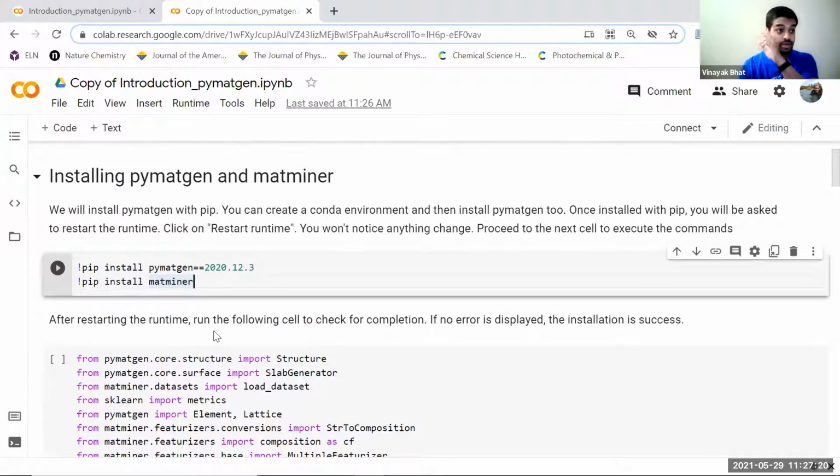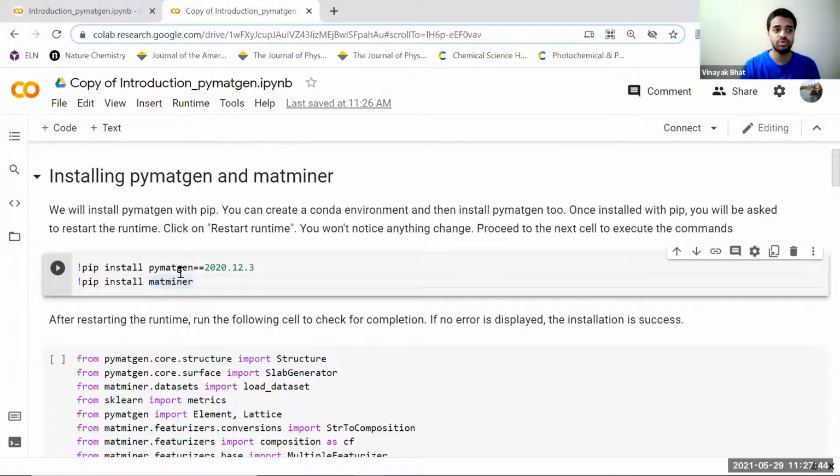So make sure you have a copy of it. PyMedGen is installed with pip and not with conda. You can even install with conda, but there's an option to install it with pip. So if there's an installation with pip, you can directly install it in this Colab with pip install.